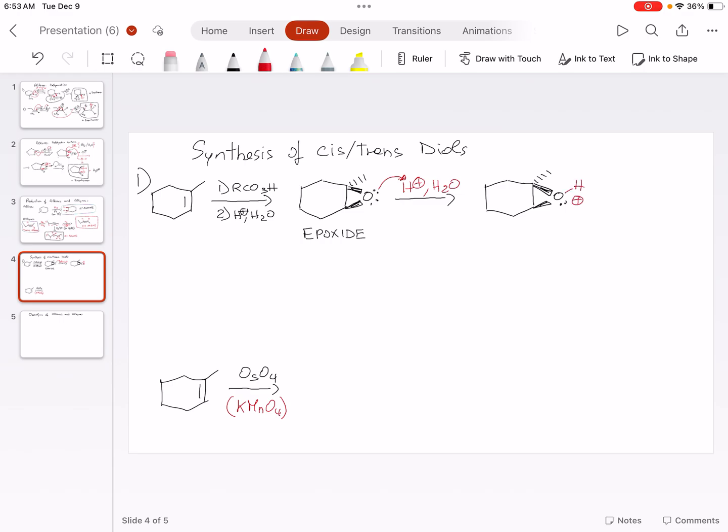Now, this intermediate is very similar to intermediates we've seen in this chapter on alkenes when doing halogenations, oxymercuration, demercuration, halohydrin formations. So this is now susceptible to attack even from weak nucleophiles. And in this case, we have water present.